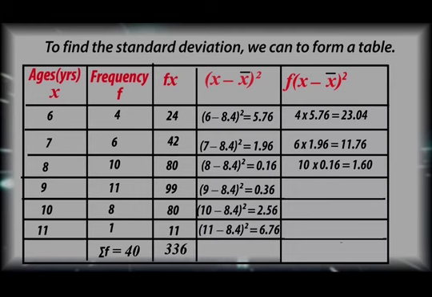And then we have 10 times 0.16, which gives us 1.60, and so on to the end. Then in the final column, we find the sum, sigma f times x minus x bar all squared. That means find the total, and the total there is 67.60.